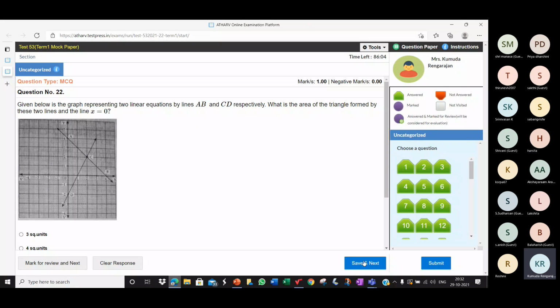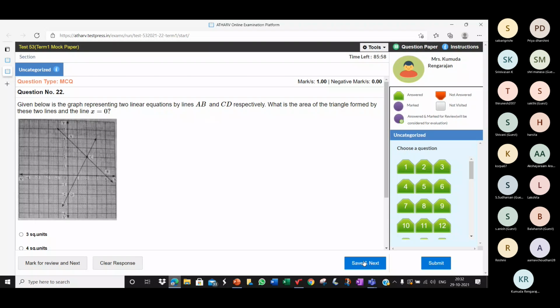Now what is the area of the triangle formed by the two lines and y is equal to 0? What's the base? How many units? 3 units. And the height? 2 units. So half into 3 into 2.